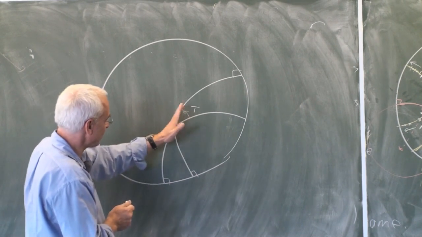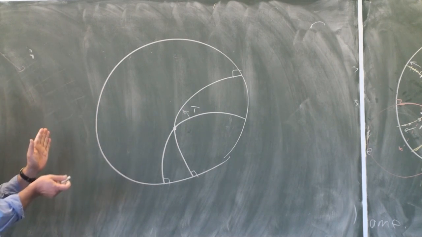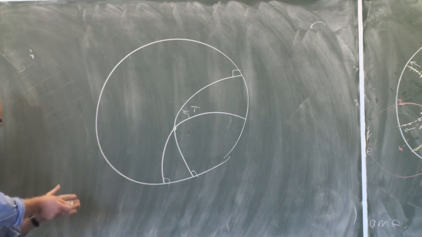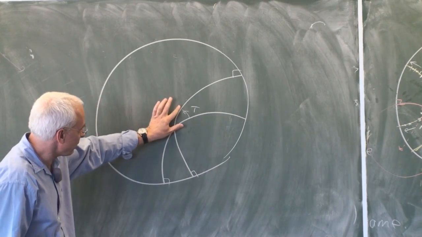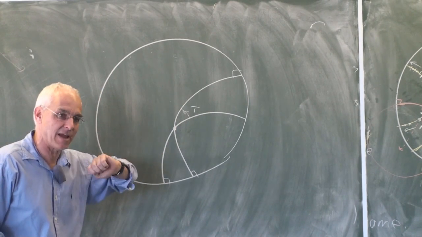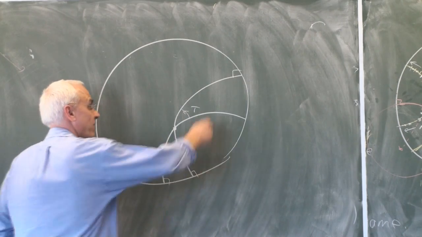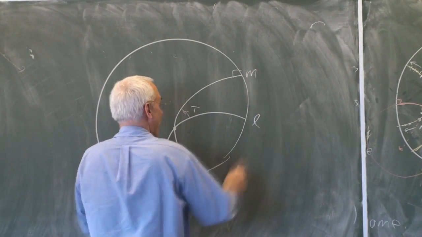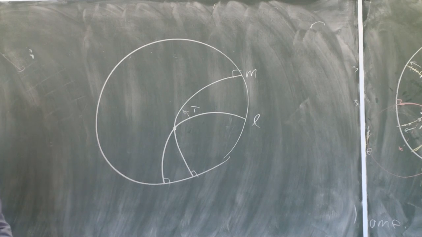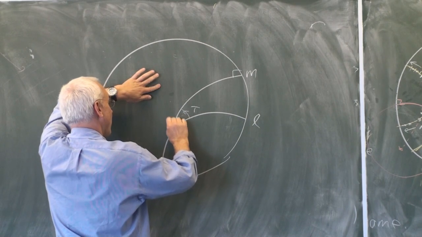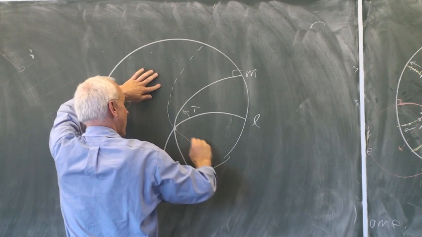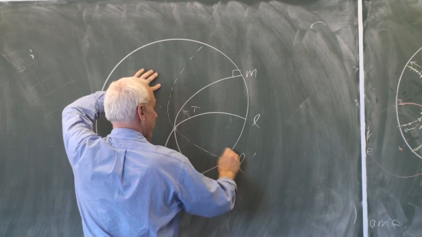So we could replicate that tangle, whether you're measuring in radians or tangles or degrees. Whatever it is, we can replicate it simply by reflecting. For example, we could reflect the line L in the line M. So if we reflect in M, just as we did in the Euclidean case, we would get another line L prime.